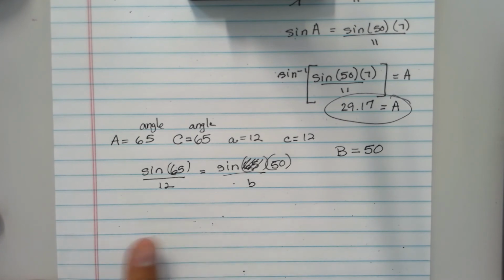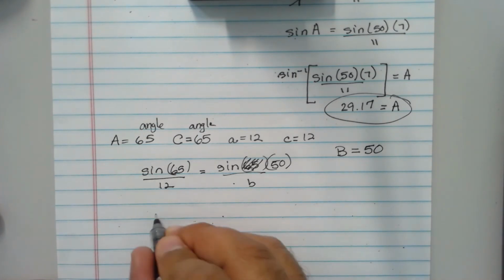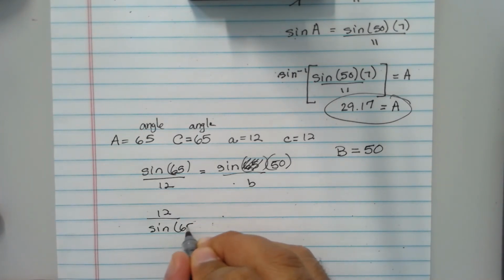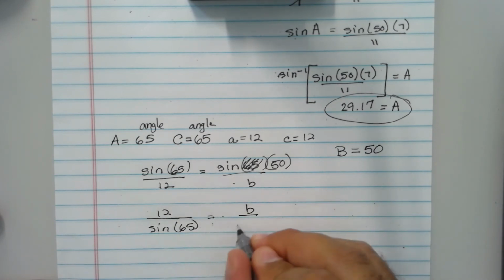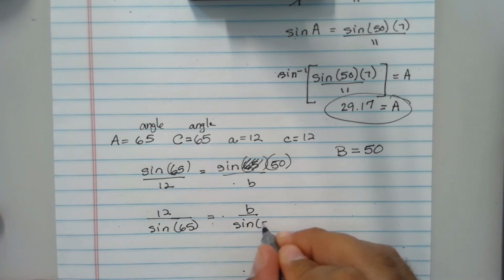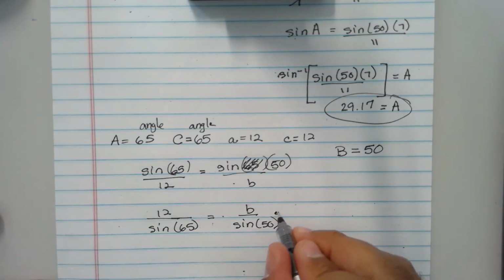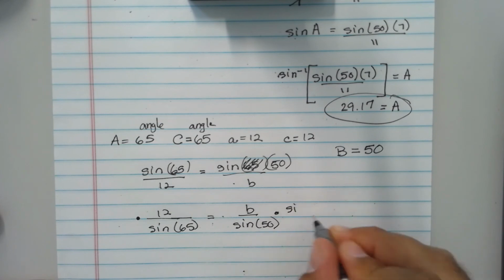Remember I told you guys before, there's many ways of doing it. You could write it as 12 over sine 65 is equal to b over sine 50. You could do what next? Multiply what? To isolate b, multiply sine of 50 to both sides.